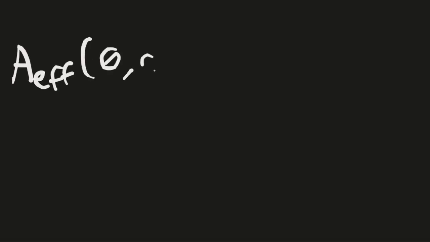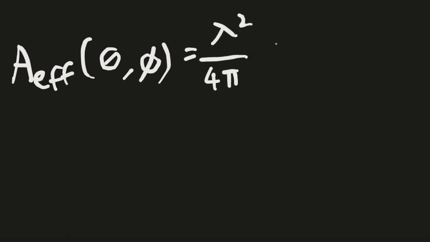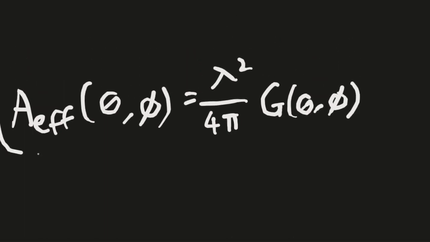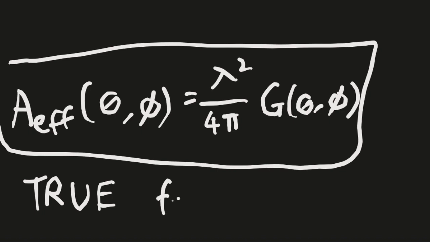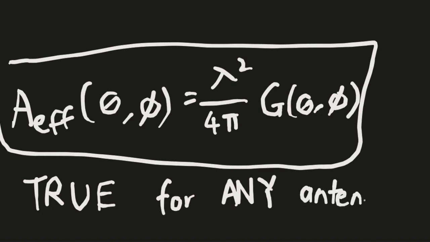Now, if you look at the results for the Hertzian dipole, you might notice that the effective area follows this relation to the power gain. This is actually true for any antenna. It doesn't depend on the dimensions of the antenna or orientation, stuff like that.